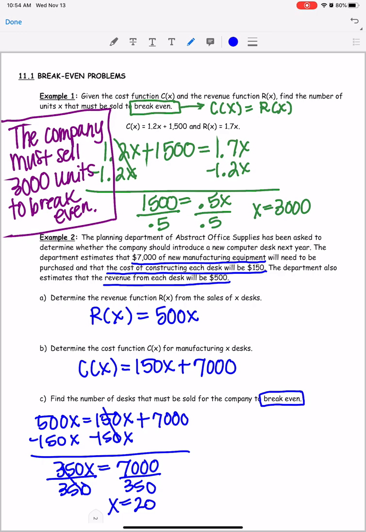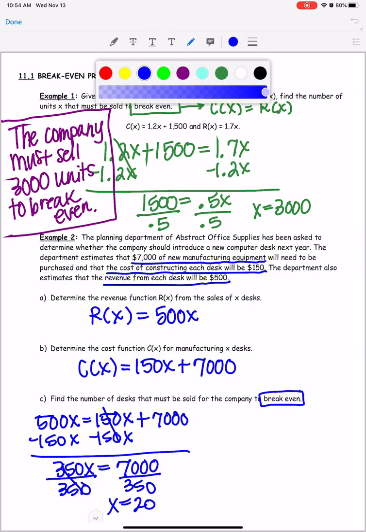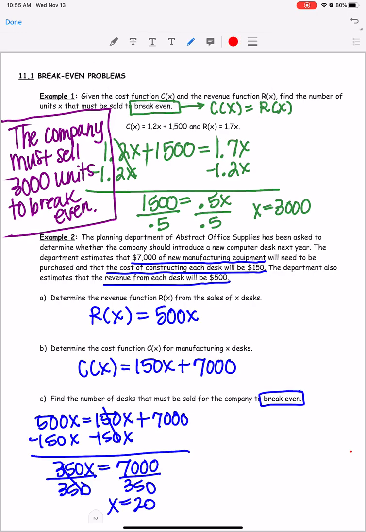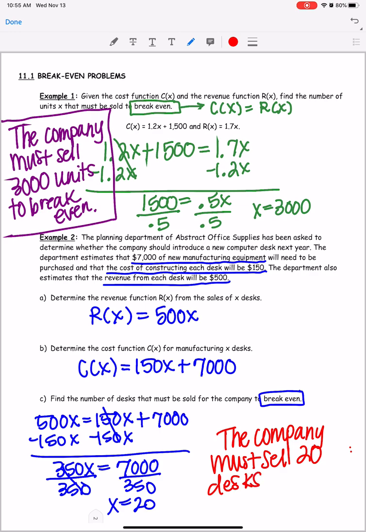So again, word problems require word answers. So the company must sell 20 desks to break even.